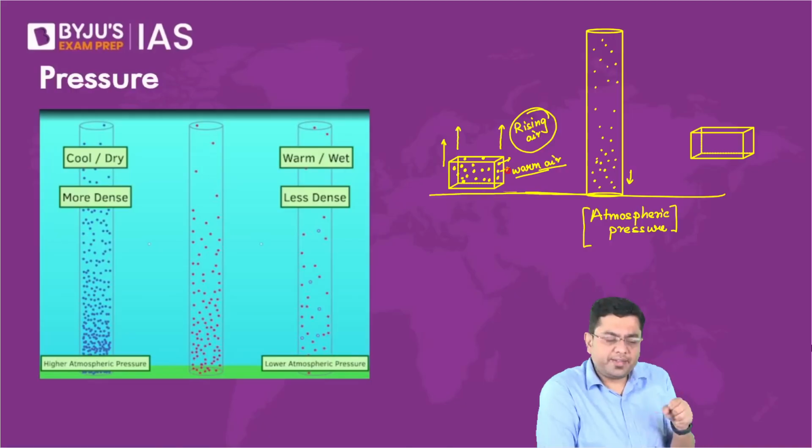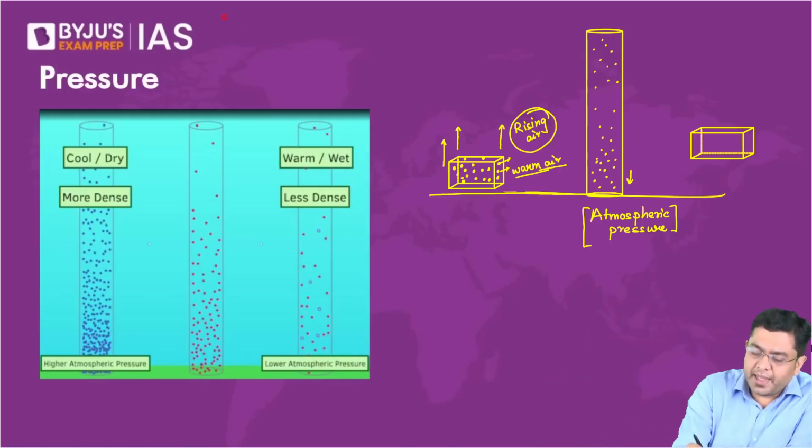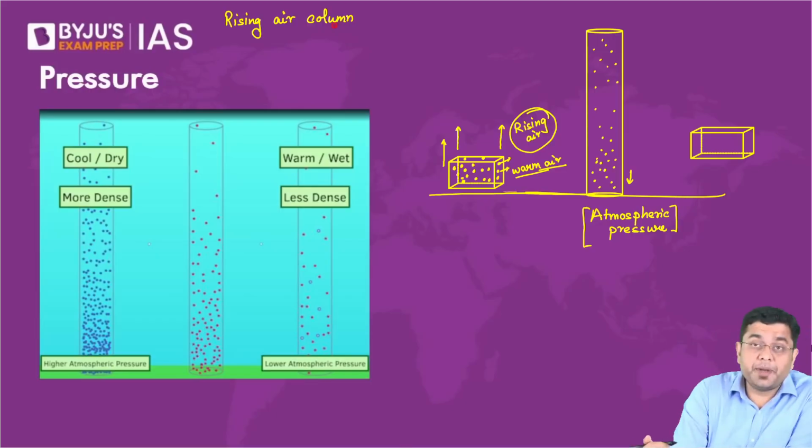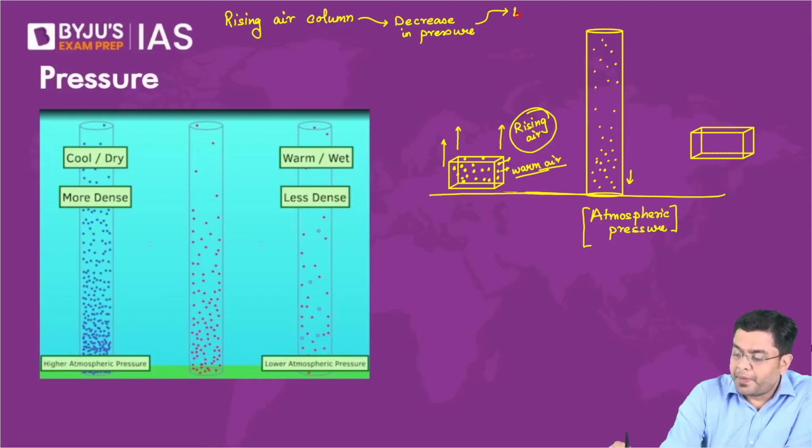So whenever you have a rising air column, which can be initiated due to temperature or because of other factors as well, it will lead to a decrease in pressure, or what we also refer to as the condition of low pressure.